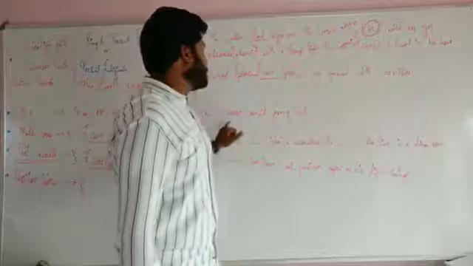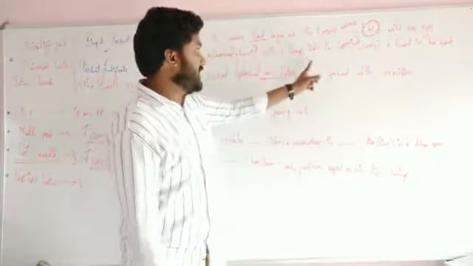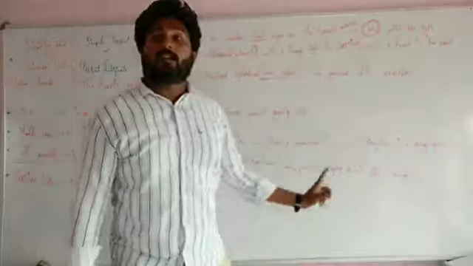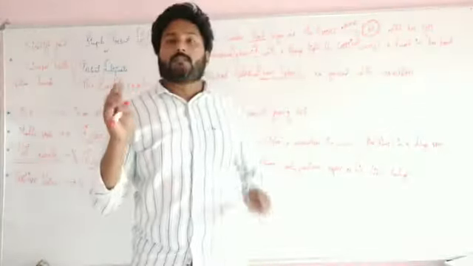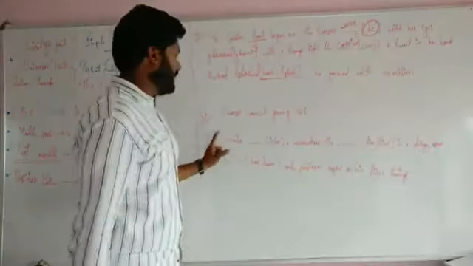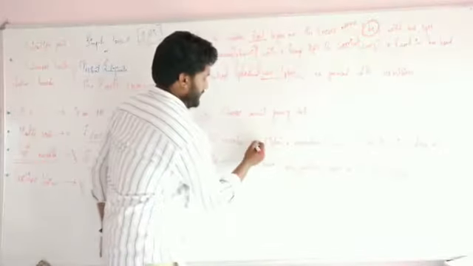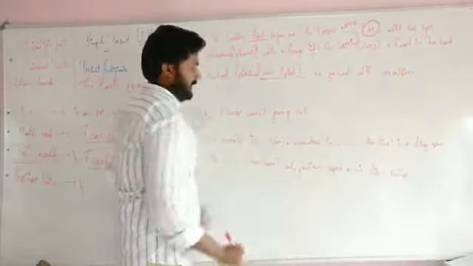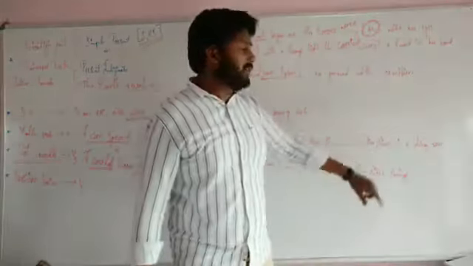And another one: choose the correct form of the verb. This carries 4 marks and this carries 3 marks. In brackets there are 2 verbs, and you should choose the correct verb form. The narrator is a wanderer. He live or lives?